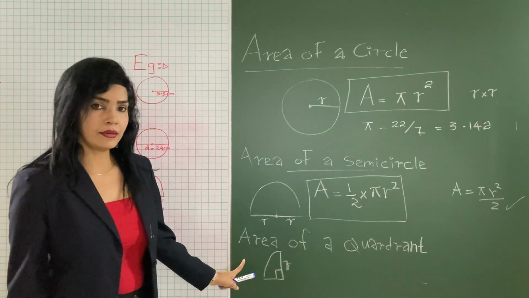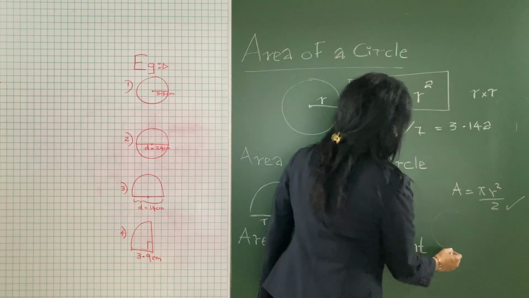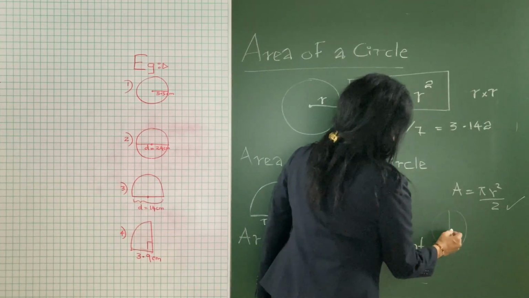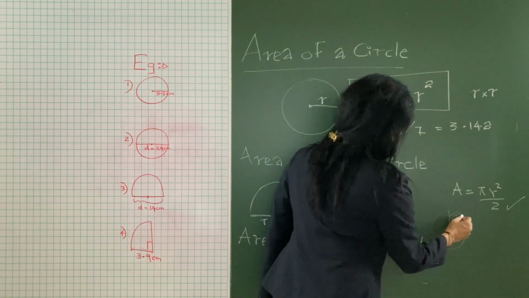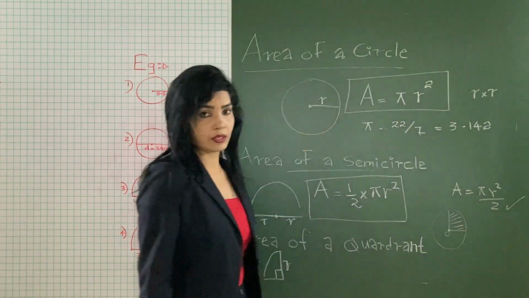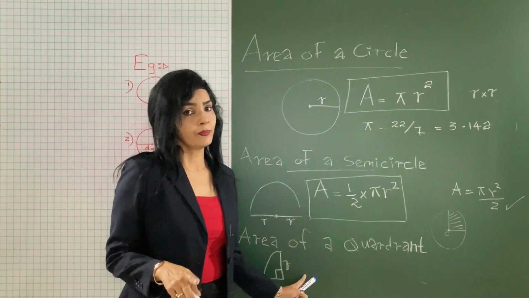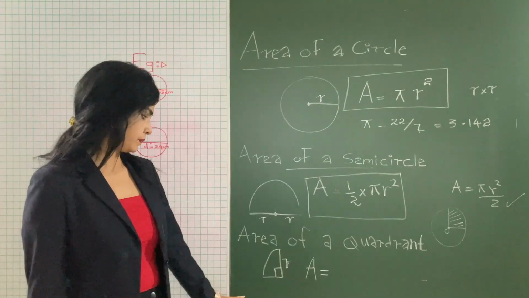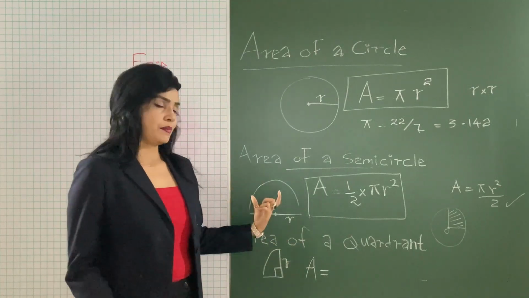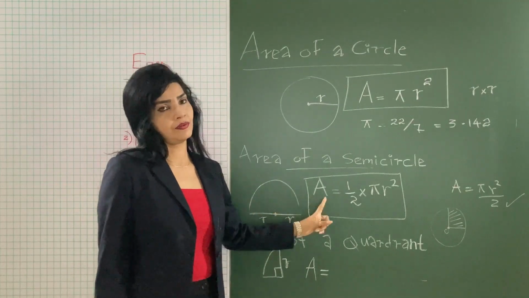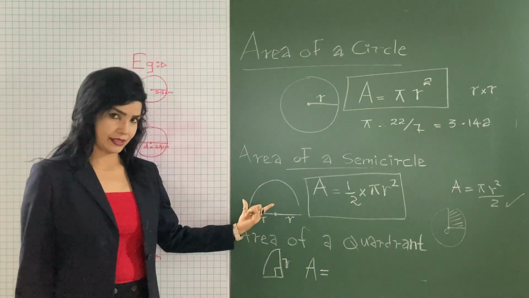Then area of a quadrant. A quadrant is a part of a circle. It is cut from the origin and this part is called a quadrant. So with that you can understand the formula of a quadrant. Semicircle area is half into pi r square, because a semicircle is a half of a circle.